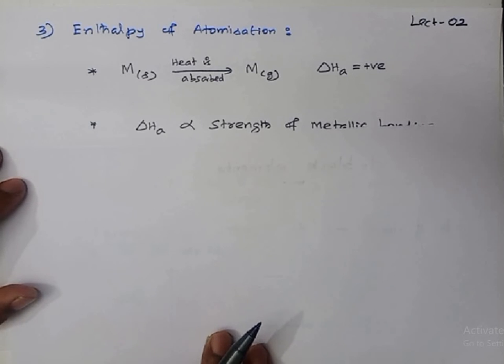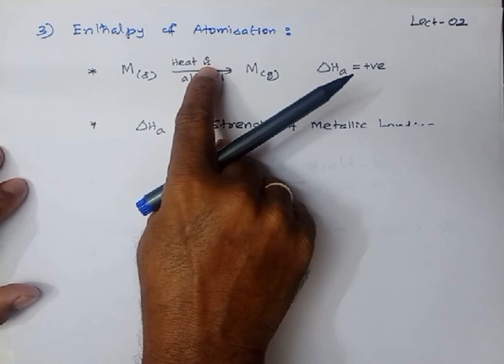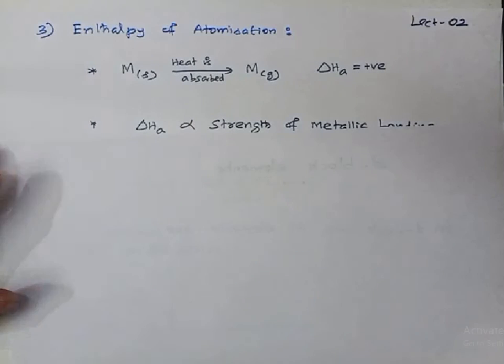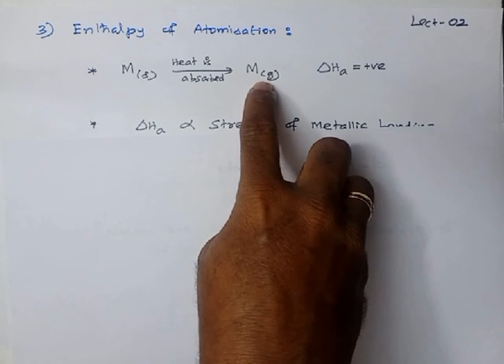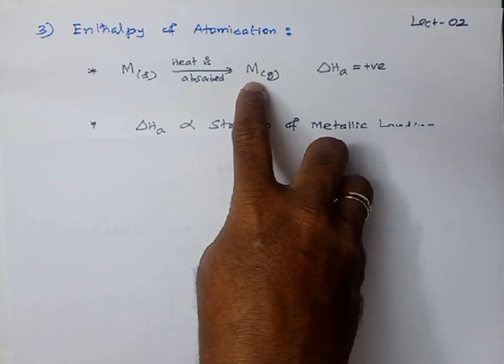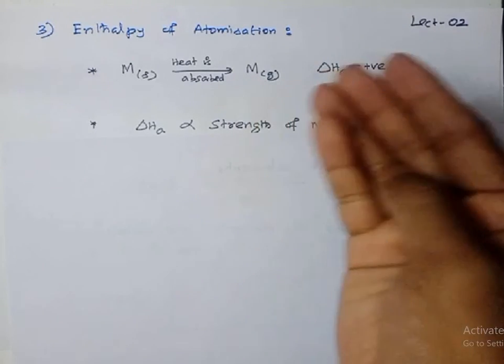Now, listen carefully. The amount of heat required, is this same for all metals? Definitely not. Why? Some metals in the solid state have strong metallic bonding. So if you want to bring those metals to the atomic state, you need to supply more heat. So enthalpy of atomization will be more.